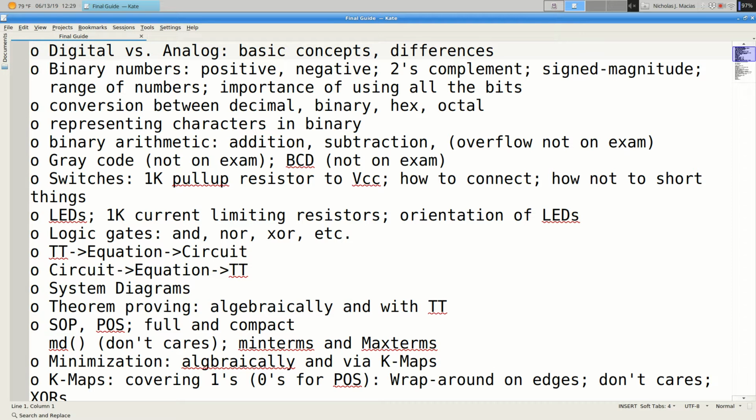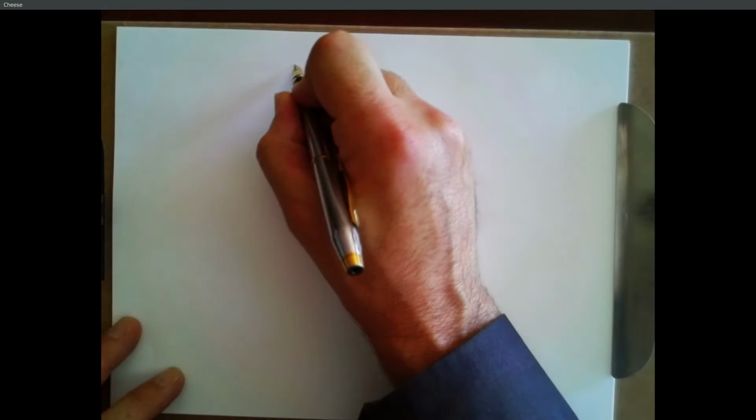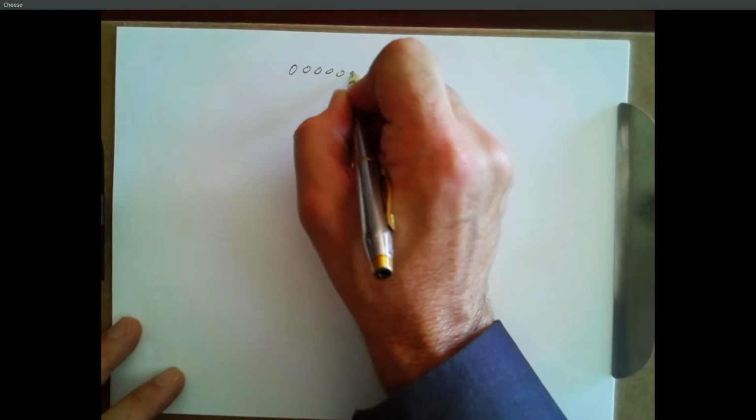So binary numbers, we know binary numbers as weighted sums from Engineering 120. We introduced 2's complement as a way to represent negative numbers. And two things to keep in mind about 2's complement. One, the number of bits is really critical. So here's the number 3, written as an 8-bit binary number.